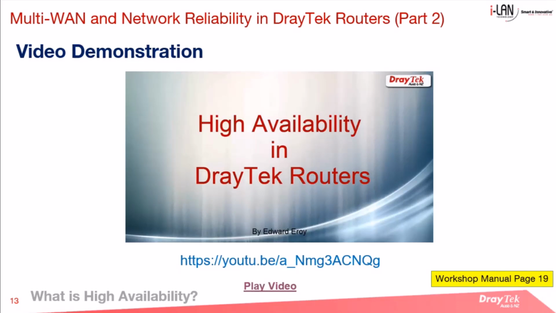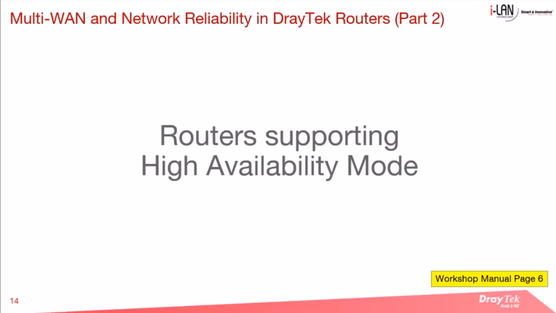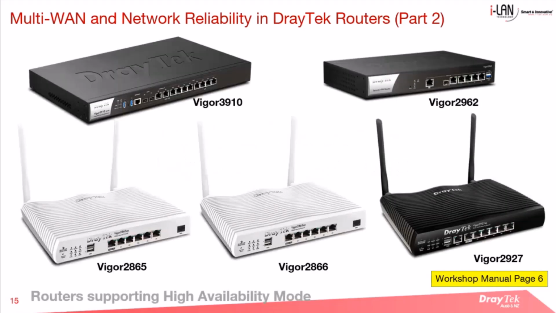Okay, Andrew. So we'll continue. All right, so let's expand on a few of those points. First, we'll look at which router models support high availability mode. In the video, we saw some older router models that support high availability mode, and the current models that support it. That includes most dual-WAN and multi-WAN routers like the 3910, the 2962, the 2865, 2866, and the 2927.